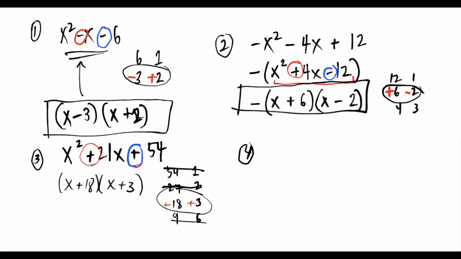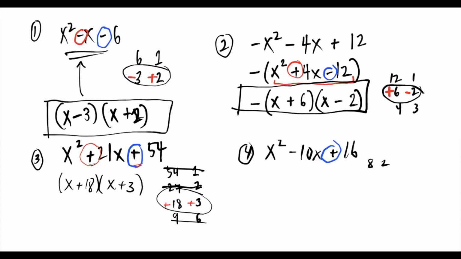For number 4, we have x squared minus 10x plus 16. Okay. Since meron tayong plus dito, ibig sabihin, mag-a-add tayo. Okay? Since positive yung ating constant. Ano ang factors ng 16 that will give us 10? Okay? So, this one is easy. Kung alam mo na agad na 8 and 2, then check mo na siya. 8 plus 2, that will give us 10.